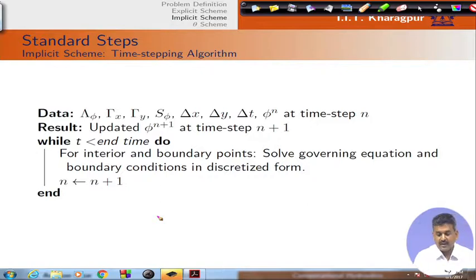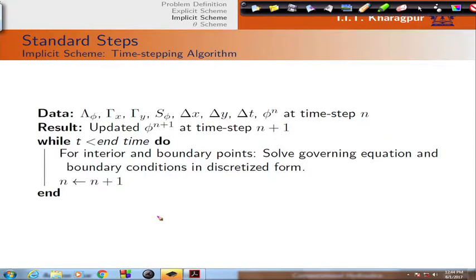In explicit scheme, we have observed that first we need to solve the interior points using a governing equation, then boundary points using boundary condition. In this case, we need to solve interior points and boundary points simultaneously.